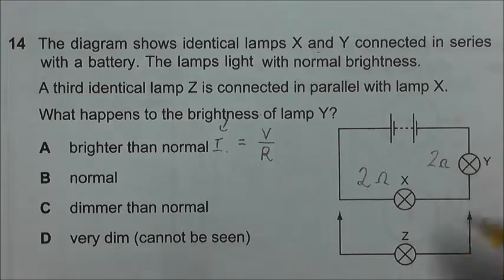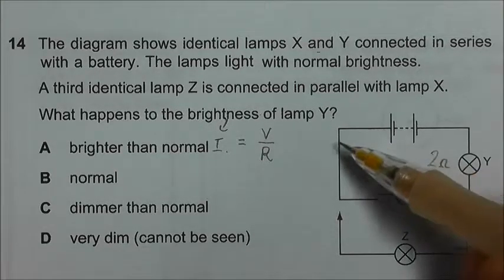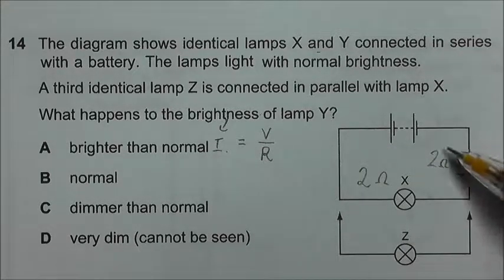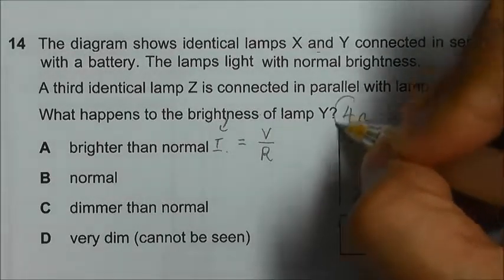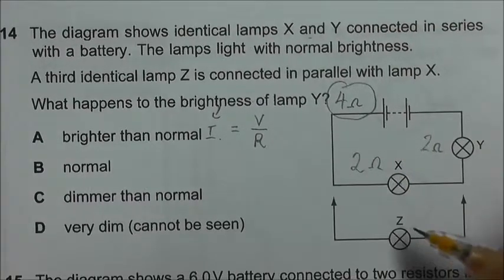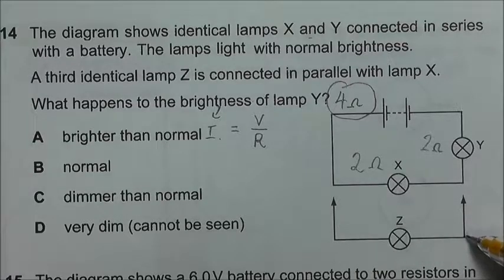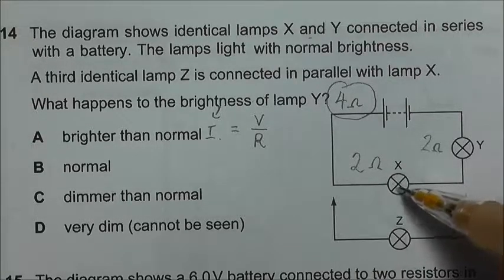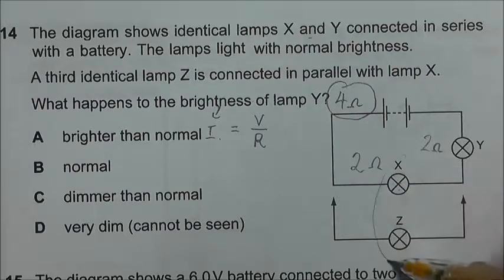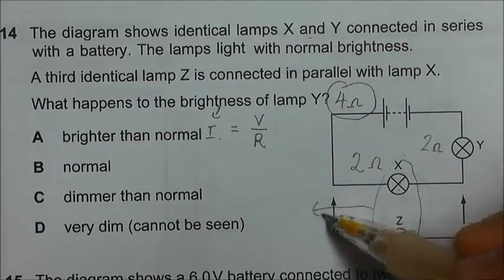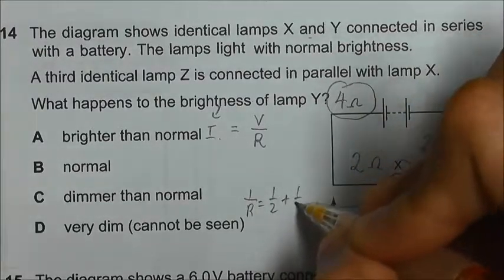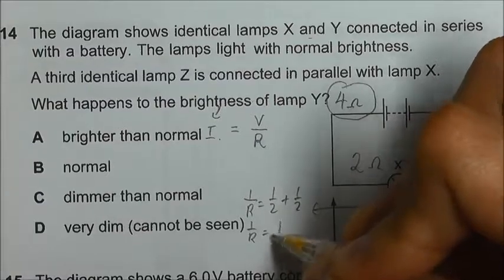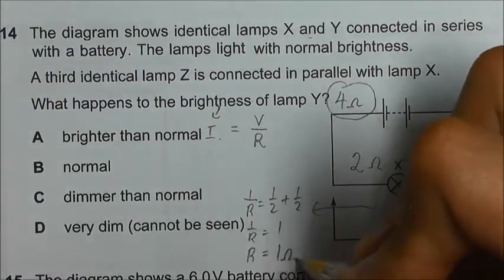Initially, just looking at the original circuit, it is a series circuit with 2 resistances in series, so the original is 4 ohm, 2 plus 2. Now when we attach lamp Z in parallel with X, this branch resistance can be calculated as 1 over R is equal to 1 over 2 plus 1 over 2. So 1 over R is equal to 1. This resistance is equal to 1 ohm.